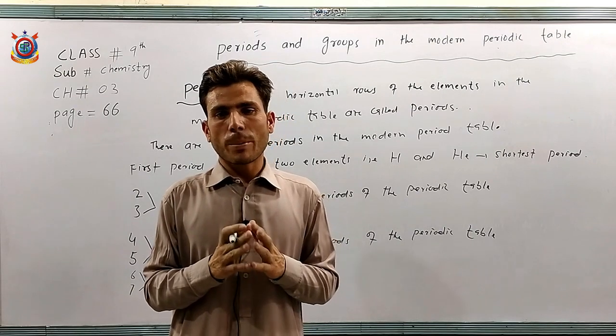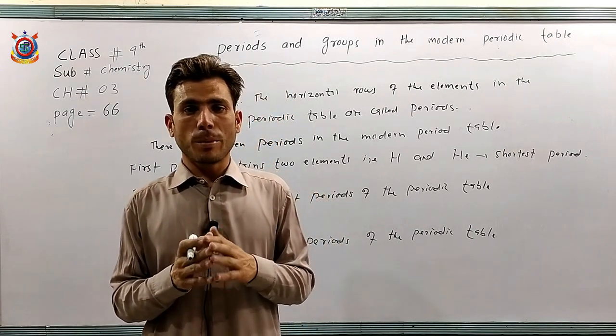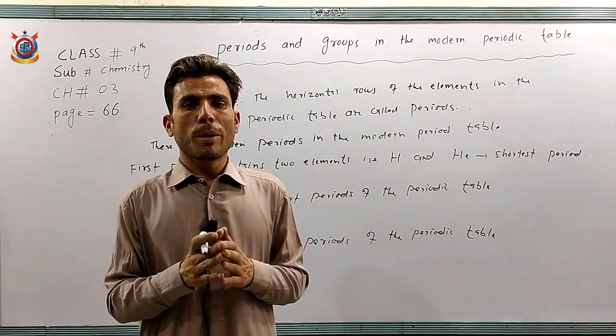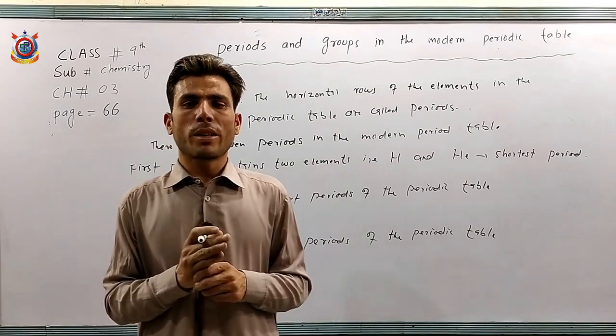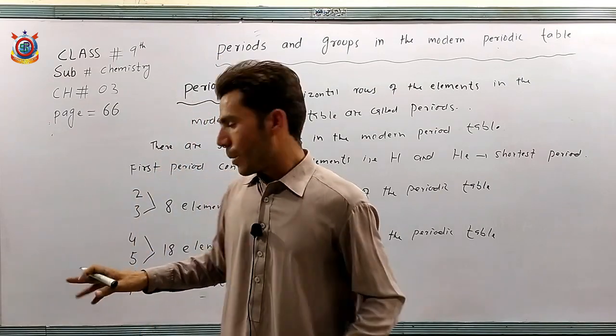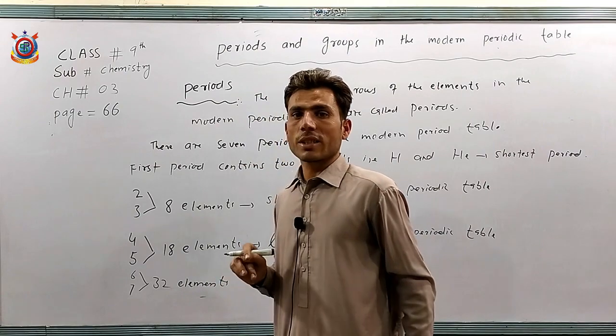After studying the properties of these elements, maybe their properties change, maybe their position changes in the modern periodic table. So that is why period number 7 is considered still incomplete.